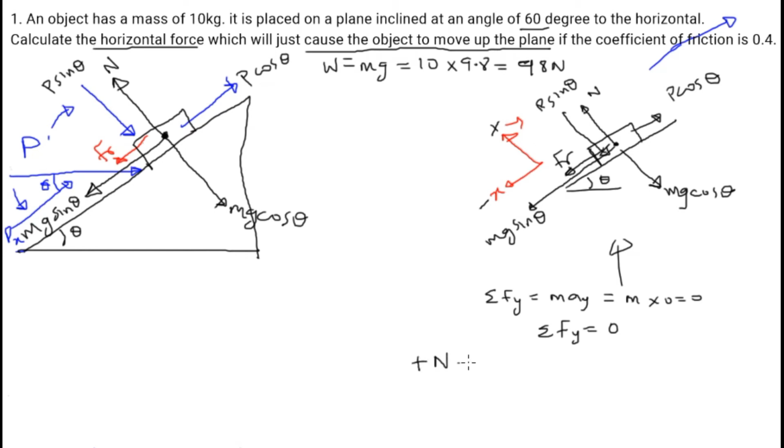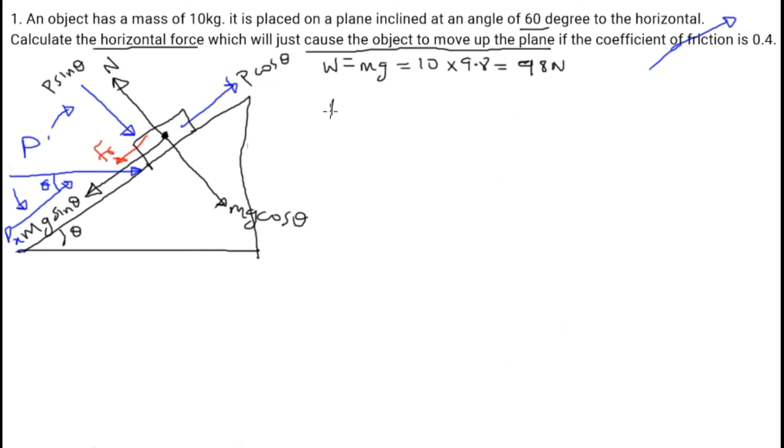P sin theta is along the negative y-axis. Check the arrow. And then mg cos theta is also along the negative y-axis, and that's supposed to be equal to 0. So this is equation 1 of the problem.